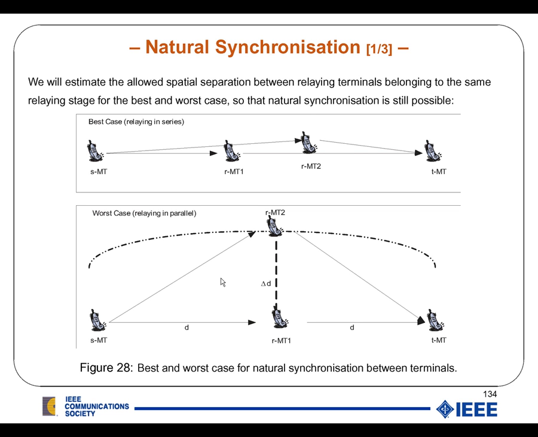And we would like to quantify what is the maximum allowable distance delta d, so that you still have a form of natural synchronization. And of course, you would tolerate a certain delay as long as the delay is below the chip duration or below the sampling duration of your signal, and that can be easily calculated if you assume the source and the target terminal to be in the foci of the ellipse, and you would like to calculate simply the time it takes to travel from here to here minus the time it takes to travel from here to here, and you obtain the allowable distance delta d.